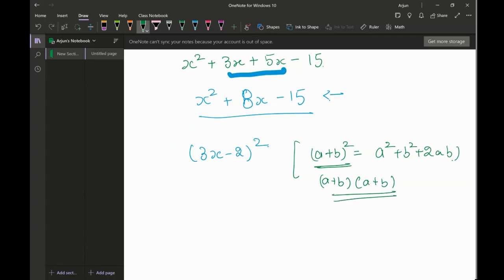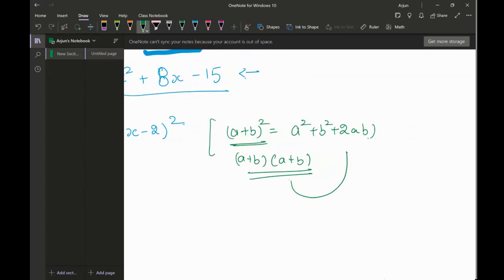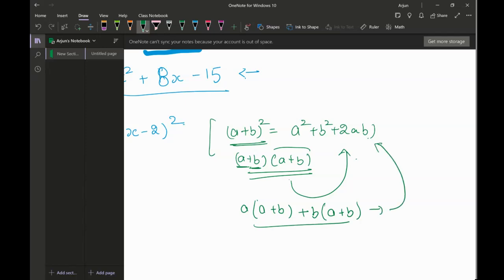When I say open it, you write the first term multiplied by the complete parenthesis, plus b multiplied by (a + b), and you solve this. You're going to find this as your answer.